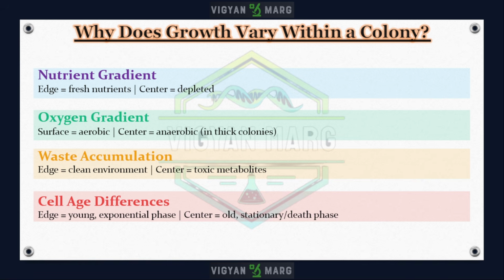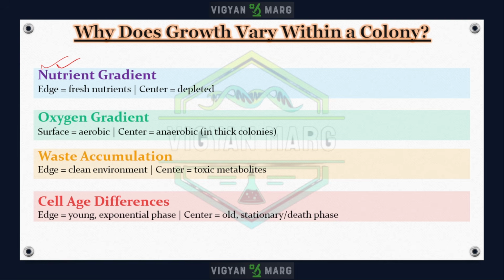In the next case we'll see why growth varies within the colony. Even within a single colony, conditions are not uniform. This leads to a variation in growth and physiology across the colony, like in a nutrient gradient. At the edge of the colony, fresh nutrients are readily available.